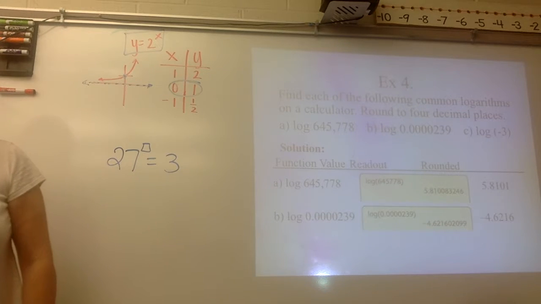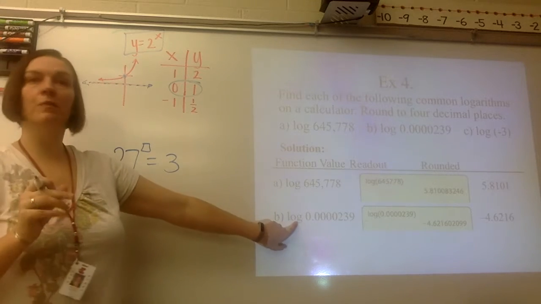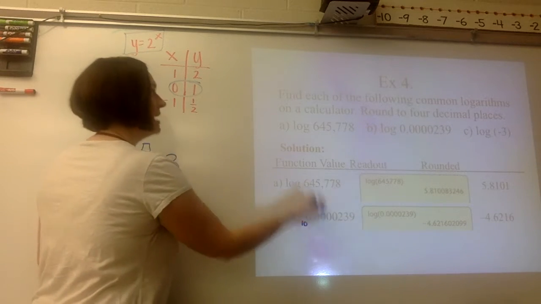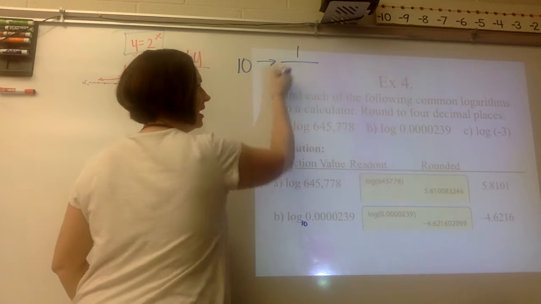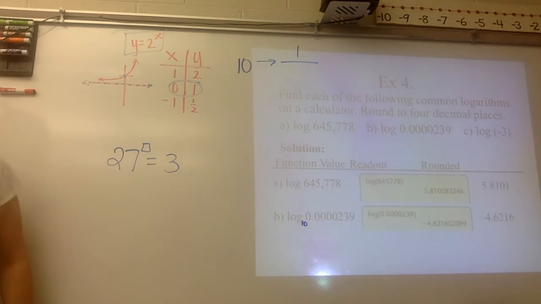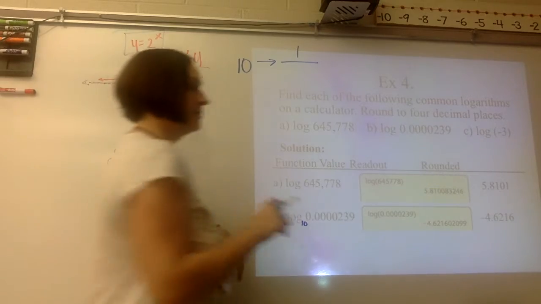If you look at this original problem, the base is 10. I took 10 and turned it into a fraction of 1 over something. That's got to be a negative. It's the only way to turn it into a fraction and make it smaller in fractional form.